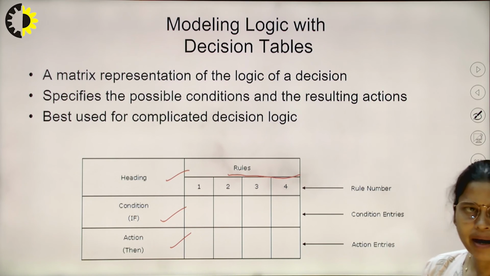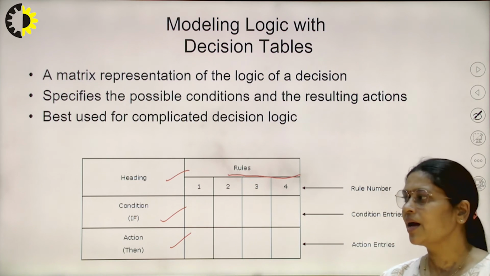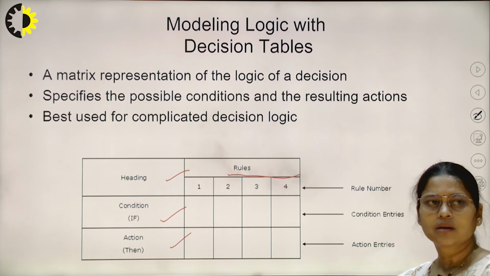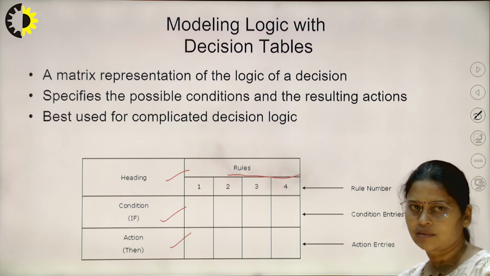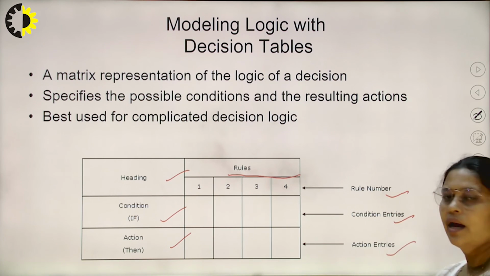So it is a matrix representation of the logic of conditions. It specifies the possible conditions and their resulting actions, and is best used for complicated decision tables. So: rule number, condition entries and action entries.